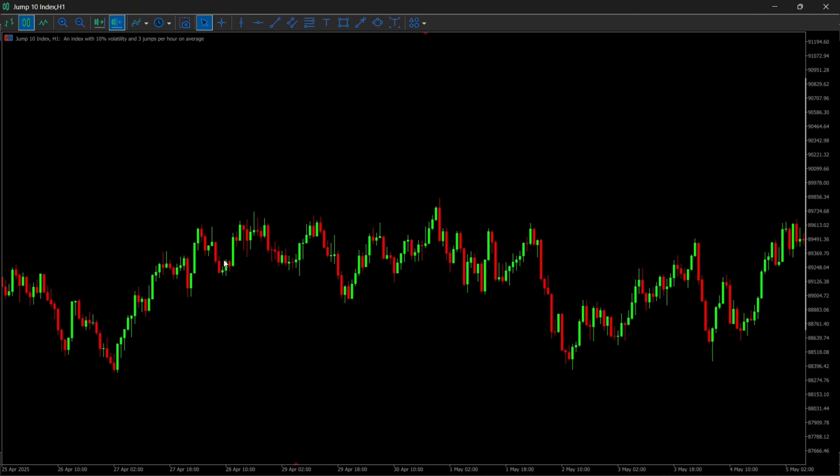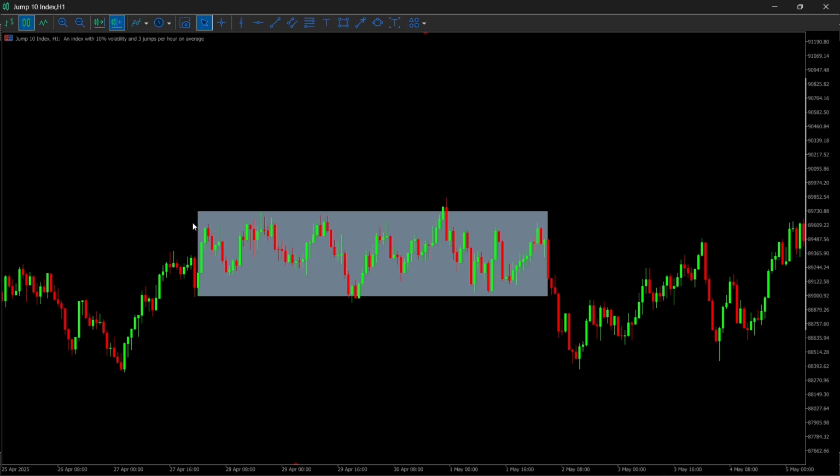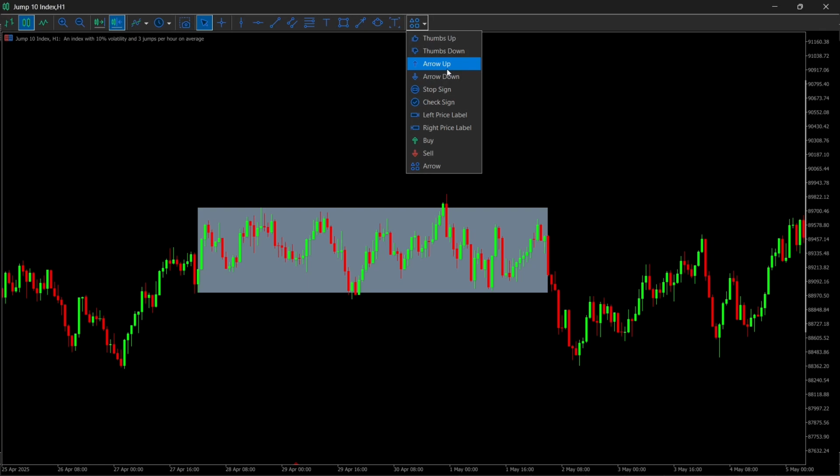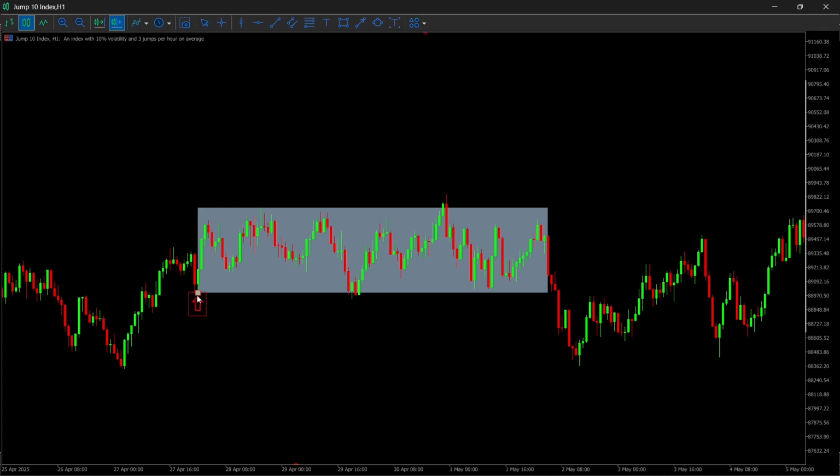No higher highs, no higher lows. So that logic helps you to know if you are having a range market. You also mark it out with your rectangle. This was the last high, this was the last low. Let me mark that out. This was the last low, this was the last high. So we didn't have higher highs and higher lows.